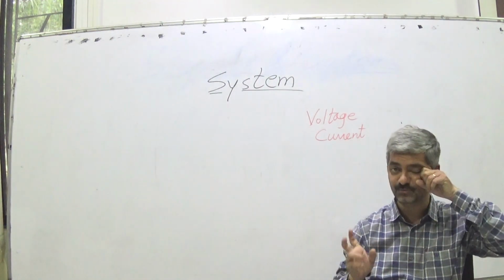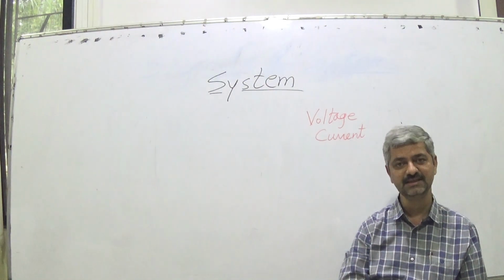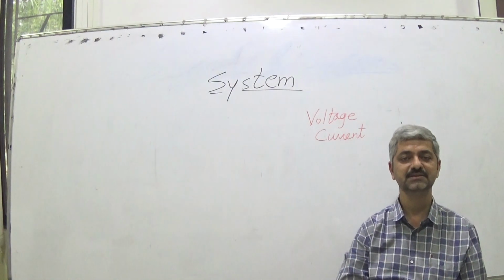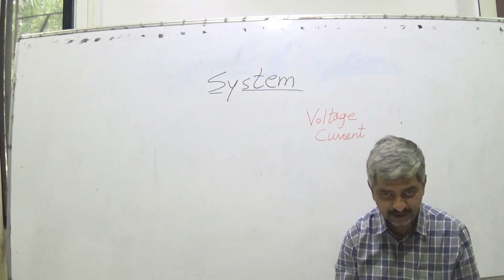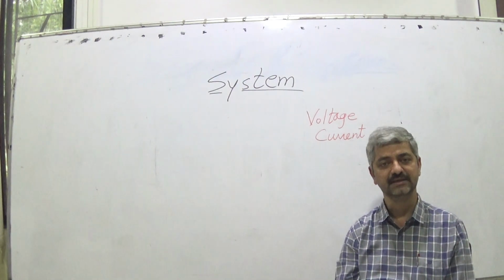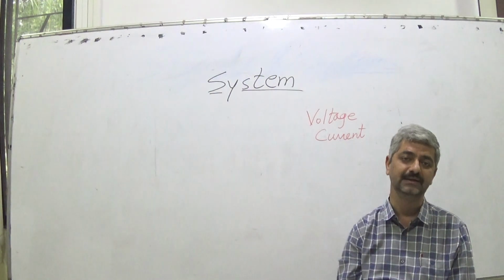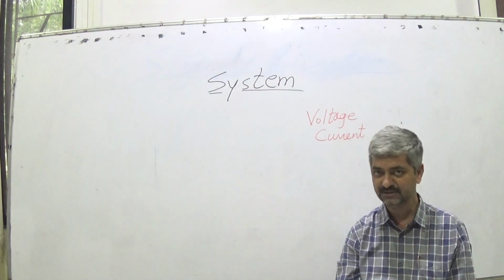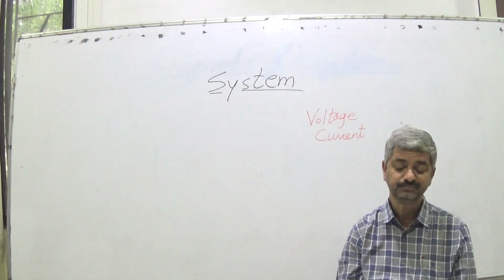So one input signal and one output signal are essential for something to be defined as a system. The input and output signals can be of the same type or different types.